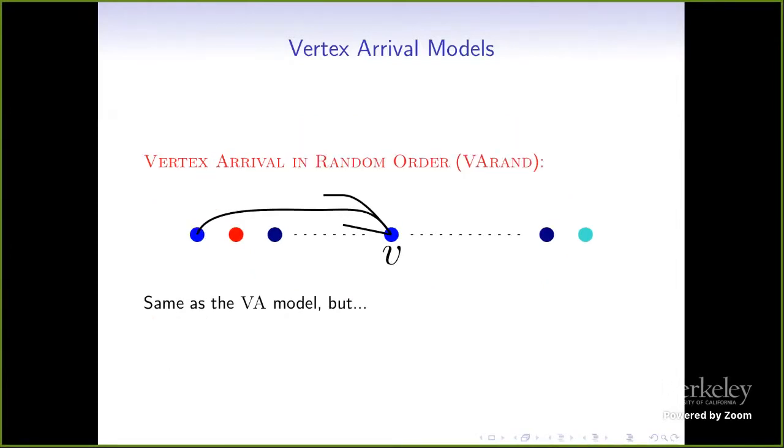There is another model called the vertex arrival in random order model. VA-RAND is the same as the basic vertex arrival model, but the ordering in which the vertices come, say v1 to vn, corresponds to a random permutation of 1 to n.